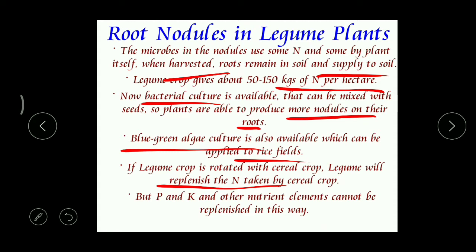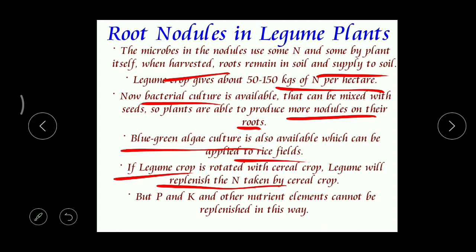So by the next season, the amount of salts will become the same, less or more? It will become less. Okay. But whatever salts are used up by the crop will be replenished when we rotate that cereal crop with the legume crop. Got it? Okay. So in this way, with this crop rotation method also, we can make the soil rich with nitrogen.